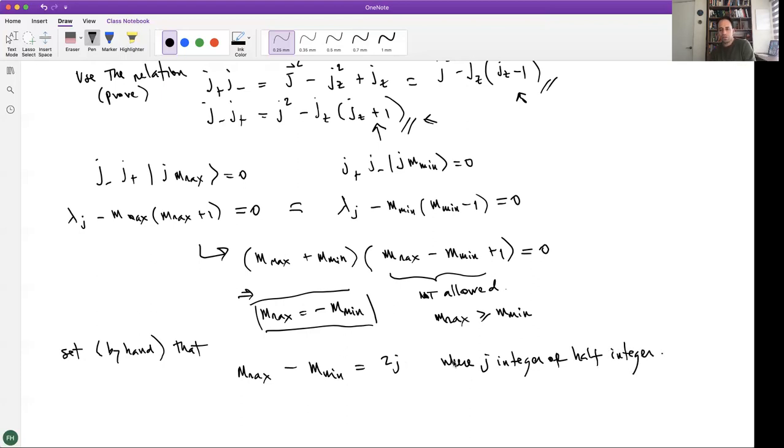Now, at the level of non-relativistic quantum mechanics, we cannot derive this. We have to go to quantum field theory to prove that this distance between the minimum and maximum can be written like this, where j could be either integer or half integer. Okay. So in other words, j could be equal to 1/2, 3/2, etc. Right?